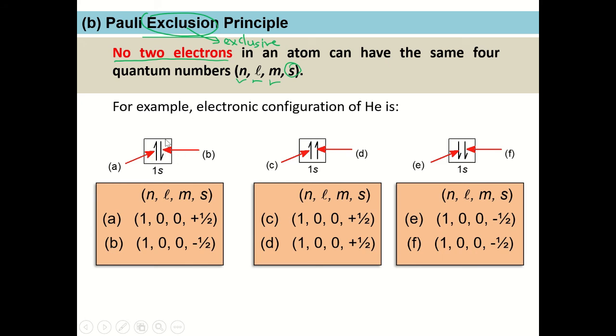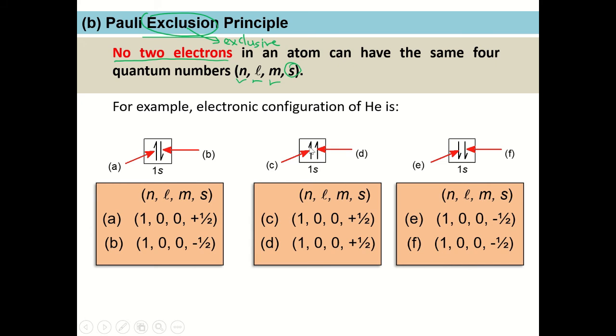Therefore, in order to fit in the same room, in the same house, in the same orbital, you must make sure it is spinning in the opposite direction, clockwise and also anti-clockwise, so that they will not repel each other. Therefore, when you draw it correctly in the opposite direction, that shows different values of s, one is positive half and the second one is negative half.